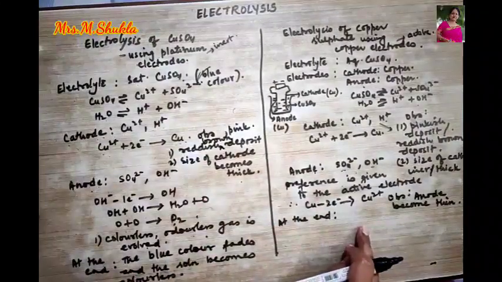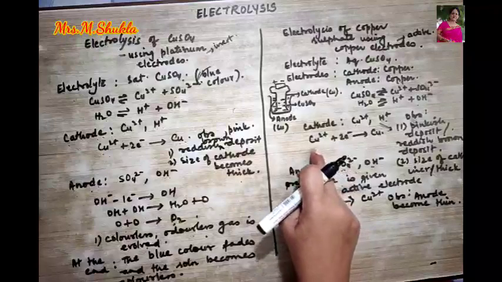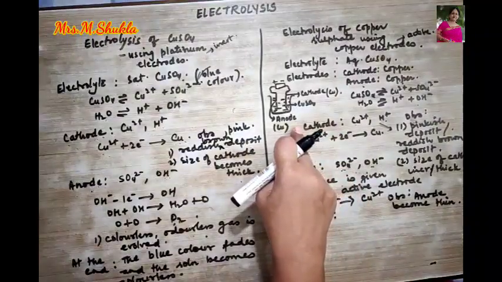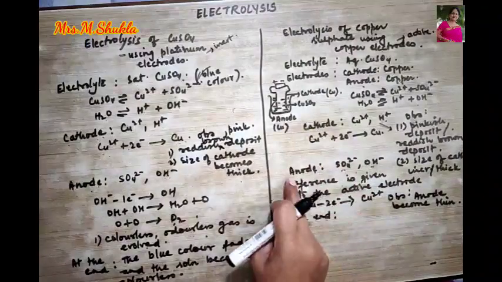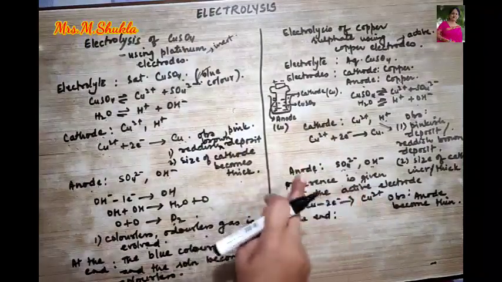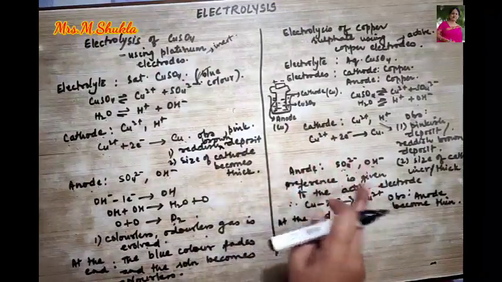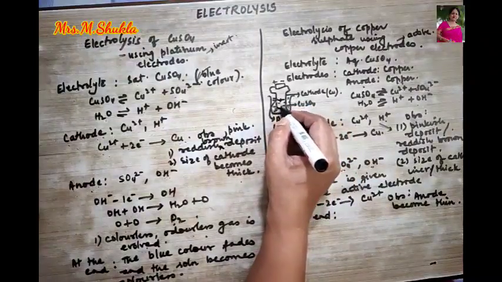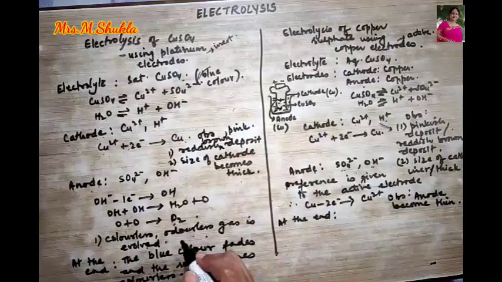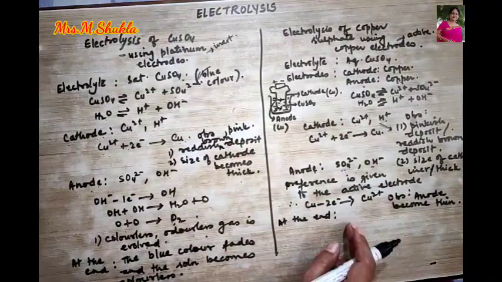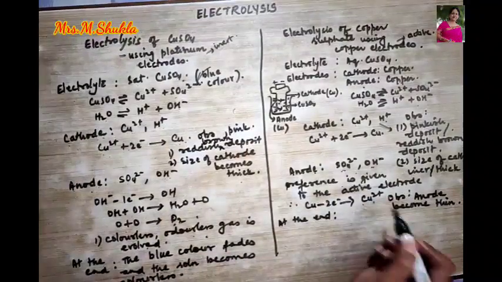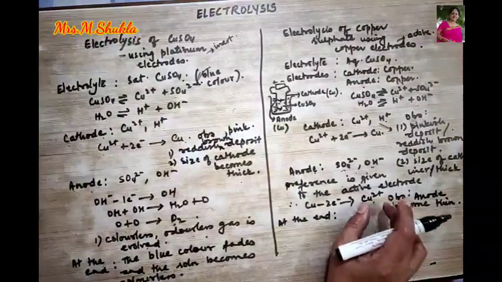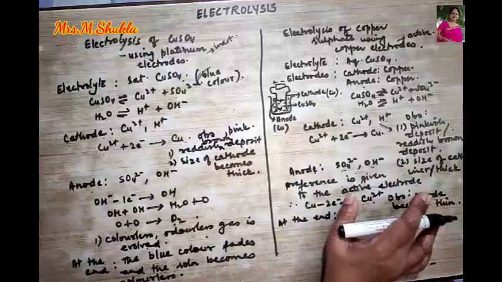Whereas here, the copper ions are depositing at cathode, but the anode at the same time is releasing copper ions into the electrolyte. This anode is continuously releasing copper ions into the electrolyte, right? Therefore, there is abundance of copper ions in the electrolyte, and hence over here the color will not fade.